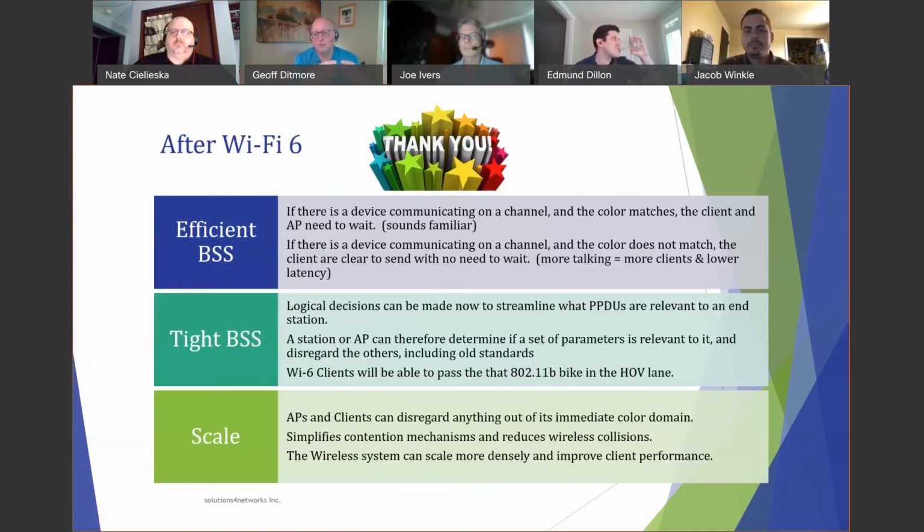Having each one of those APs that are labeled as channel 1 having that different BSS color, that different tag, actually should let clients communicate to each one of those APs without stepping on each other, because the assumption is that the client will have enough information about what both of those are to be able to communicate with that color packet, so that the clients on the other side of the second AP don't need to worry about it, right?